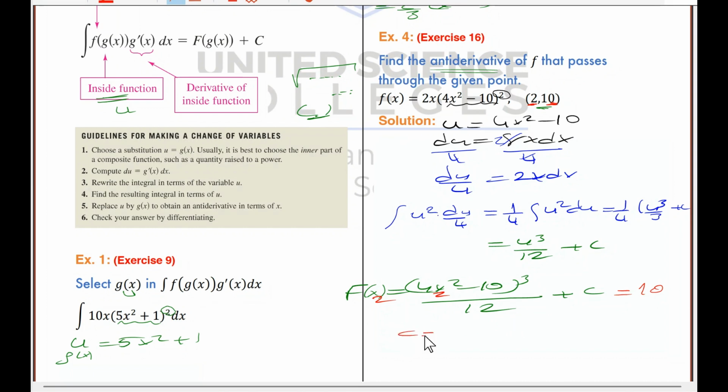Then isolate c, you'll get c as negative 8. So when I get c, I can easily write the specific antiderivative: 4x squared minus 10 cubed over 12 plus c, which is minus 8. Okay, that's a specific antiderivative. When you know how to apply the rule, the rest is easy.